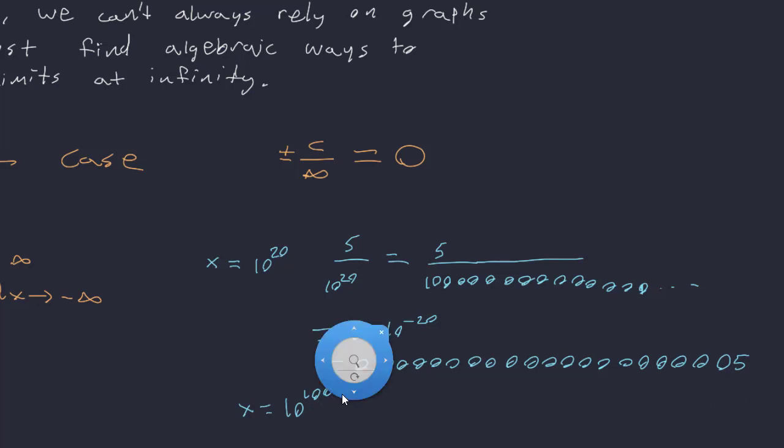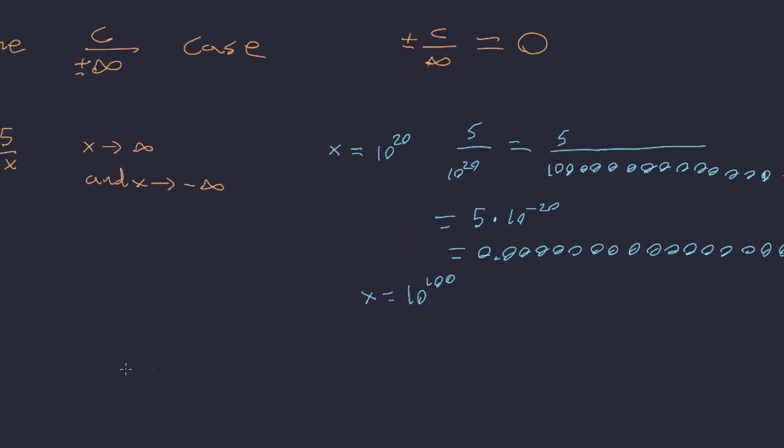And the same thing is going to happen when x is something really large but negative. So when we have negative 10 to the 20th. Now, keep in mind, I'm making this a negative 10 to the 20th, not negative 10 all to the 20th. Right? I want to keep this negative.